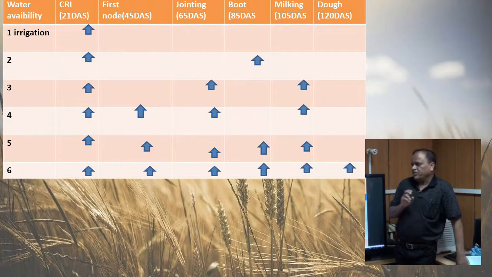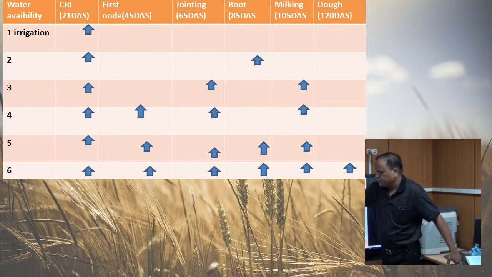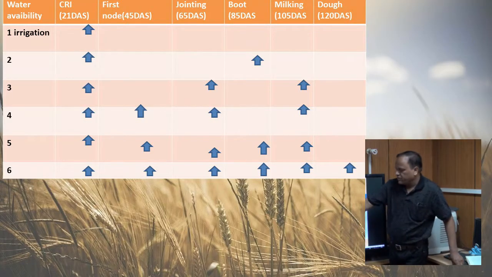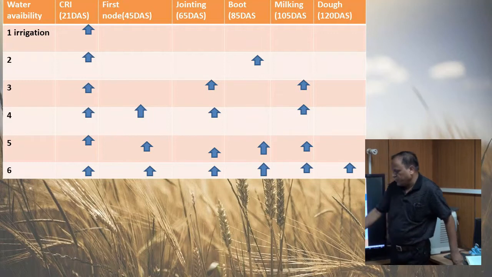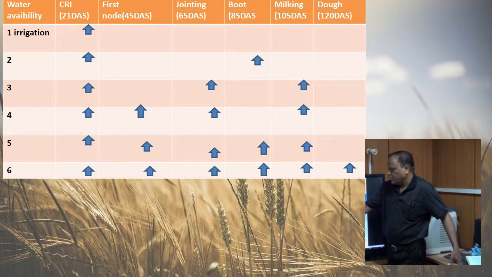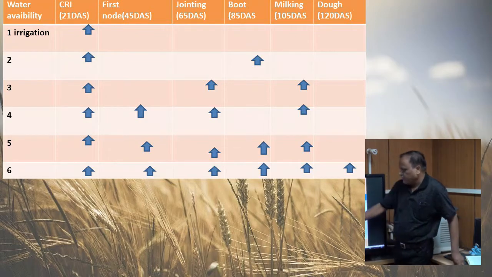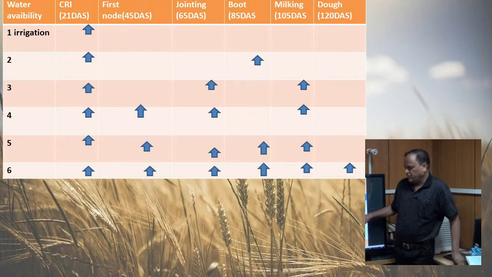Suppose some farmers have three irrigations, then they must give the first irrigation at crown root initiation, the second at jointing stage, which comes at 65 days after sowing, and the third irrigation at milking stage. Suppose some farmers have four irrigations, then they should apply the first at CRI, the second at first node stage, the third at jointing stage, and the fourth at milking stage.